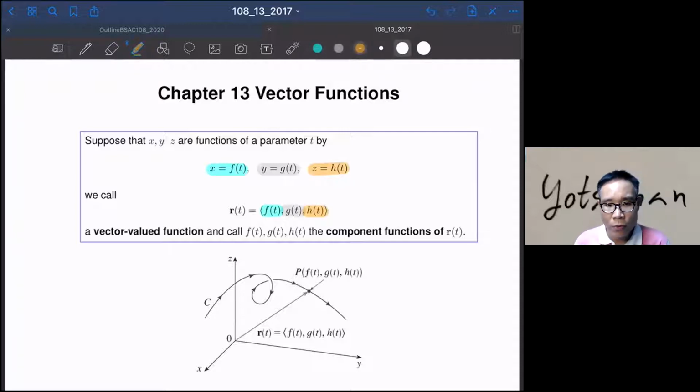as your third component. And when you have this triple x, y, and z, it gives you the position.